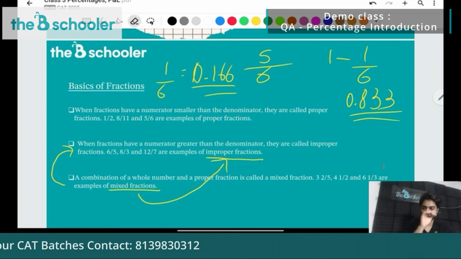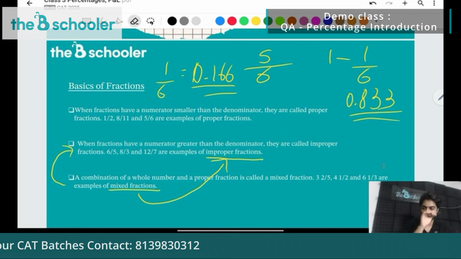Same way, what is 7 by 8? Link it to the similar method when you do it. What is going to be 7 by 8? What was 1 by 8?